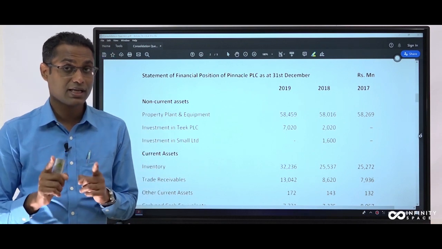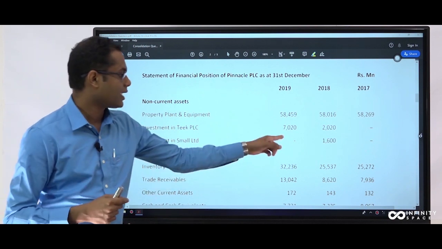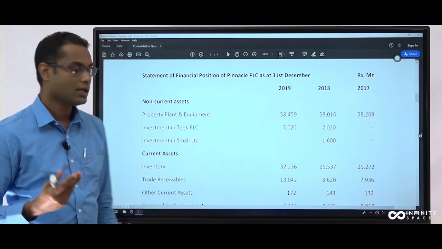So that's why at the year end there is no investment relevant to Small Limited.